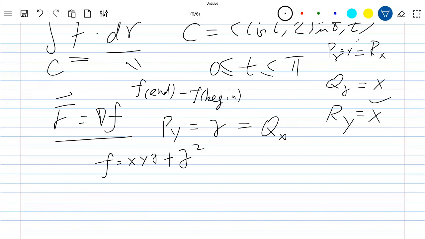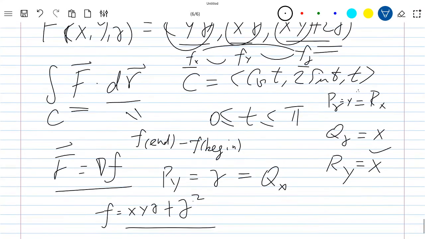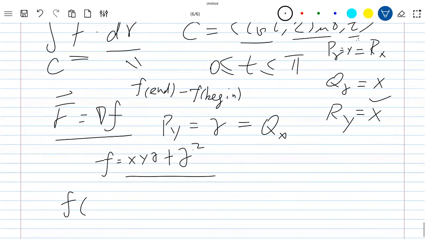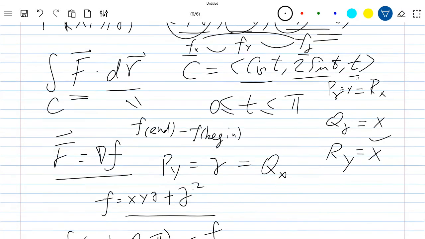So we have recovered this f, right? And once you figure out this f, the integral is really easy. So it's just f, you plug in the endpoint, t equals pi, so that's (-1, 0, pi), minus the starting point, (1, 0, 0).